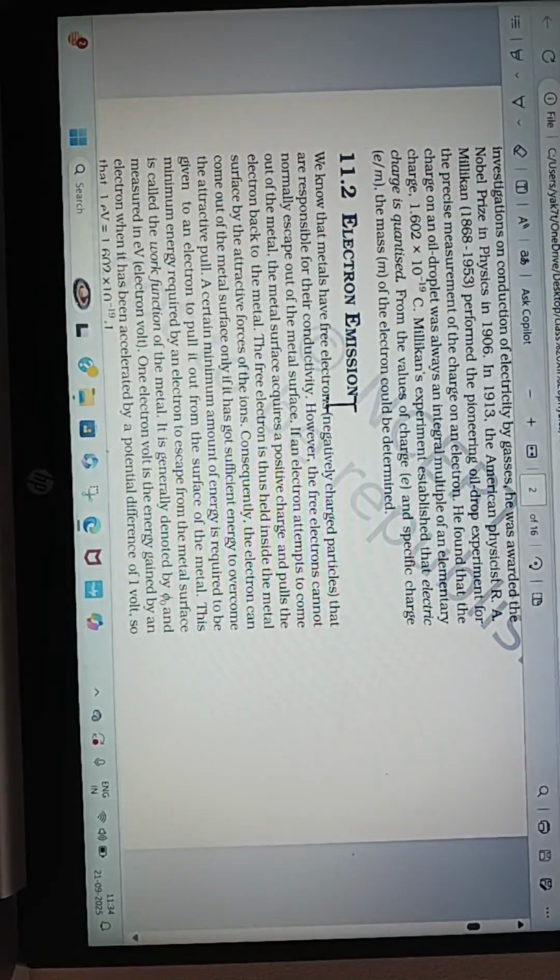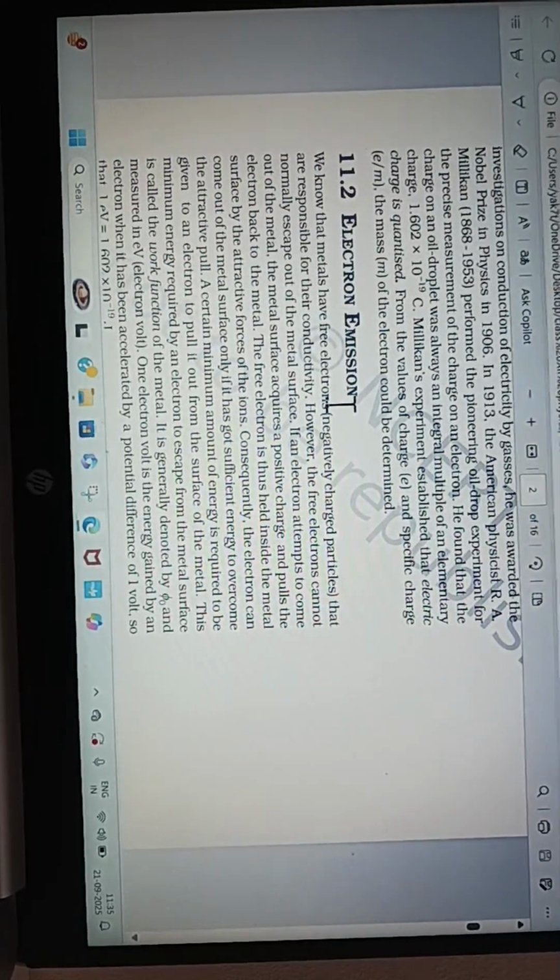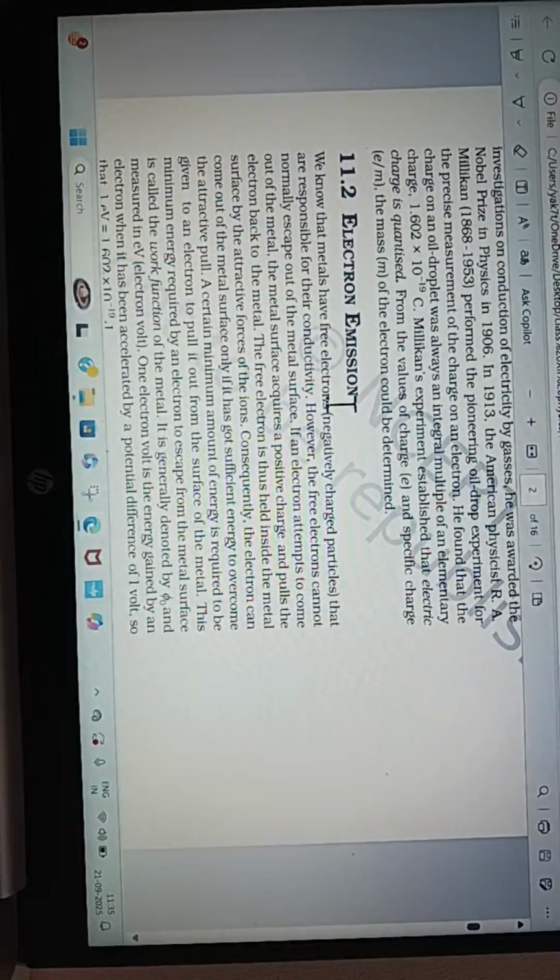Those electrons we can remove easily because they are free. You need to provide some energy so that it will come out from the atom, because electrons have ionization energy, something you have read in chemistry. If you give that much energy, electrons will come out. That is called emission of electrons.